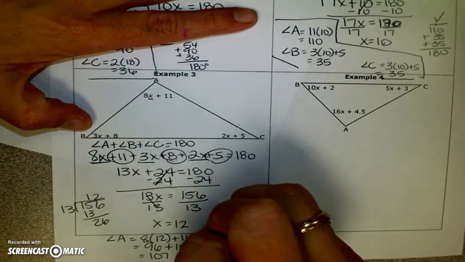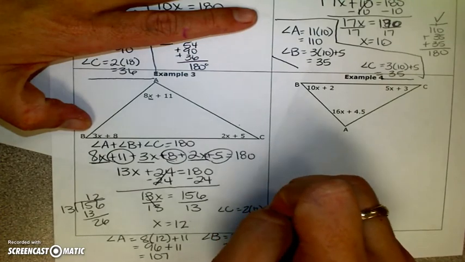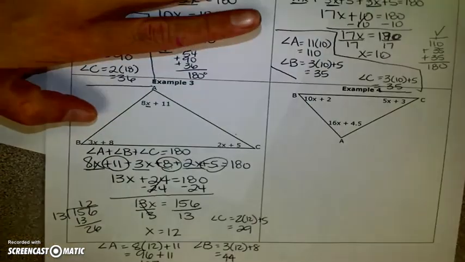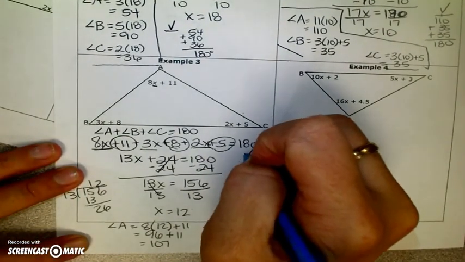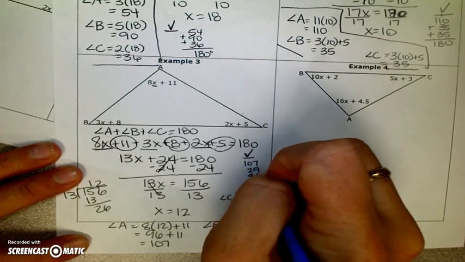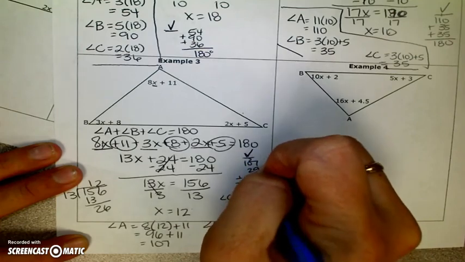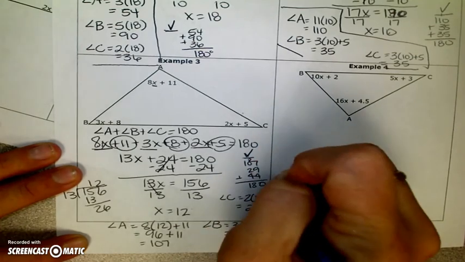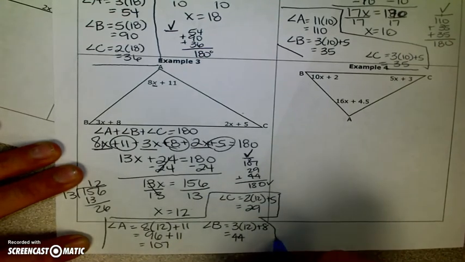And angle C is 2 times 12 plus 5, so that equals 29. Now, we want to check our work. 107 plus 29 plus 44. 13 and 7 is 20. 4, 5, 6, 7, 8, and you get 180. So we know that these are our angle measurements.